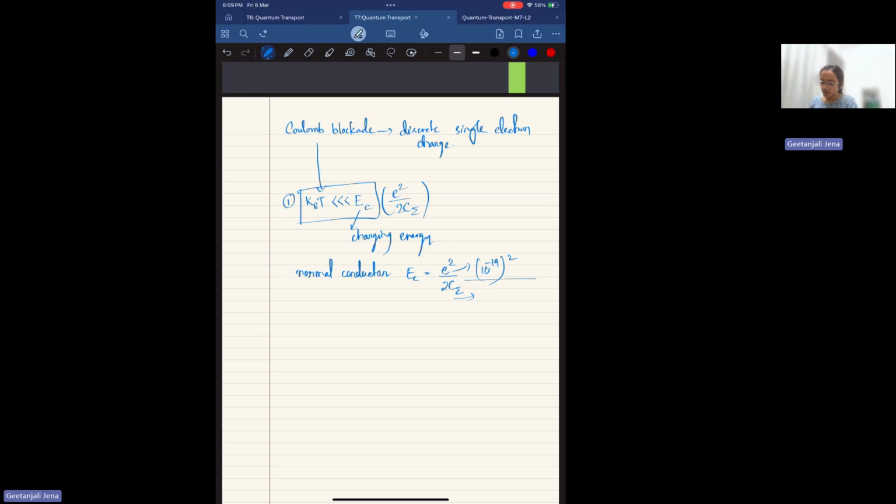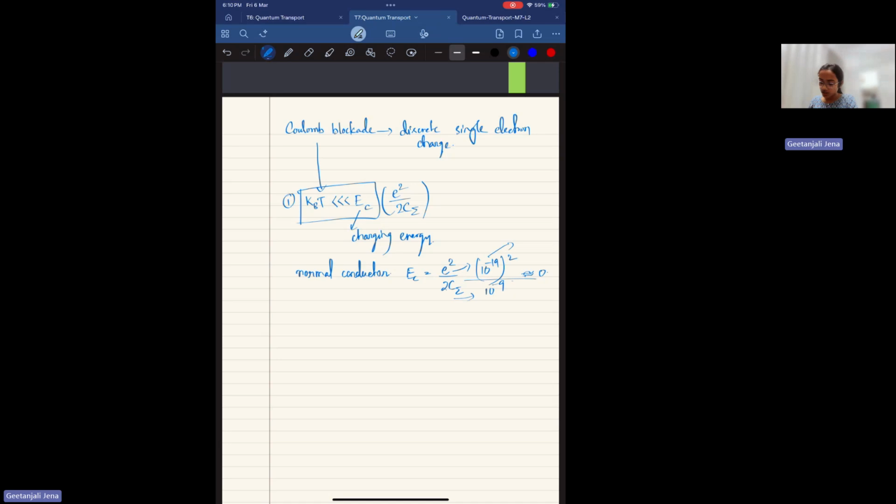And C_Σ is of the order of some nanofarad, because these are large conductors, so the capacitance is very large. So this will be in the order of 10^-9. So this is mostly 0, because in the numerator we have 10^-38 and in the denominator we have 10^-9.